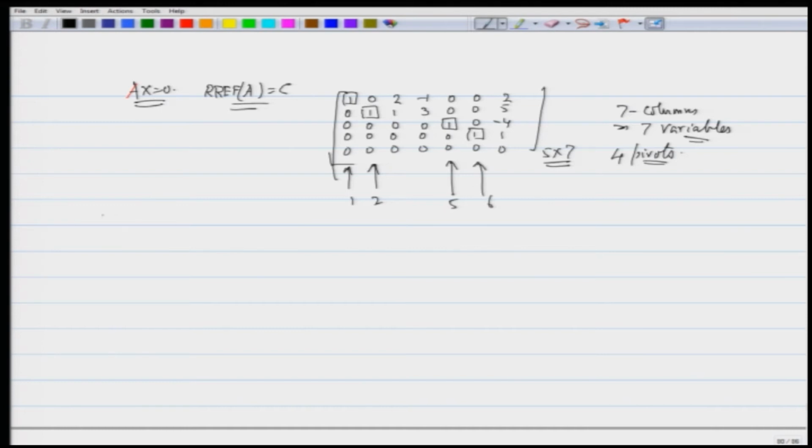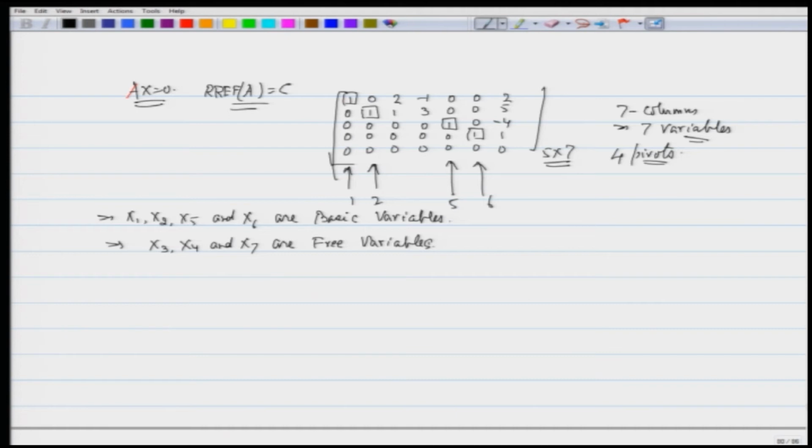So, therefore, this implies that x1, x2, x5 and x6 are basic variables. Fine. This also implies that x3, x4 and x7 are free variables.